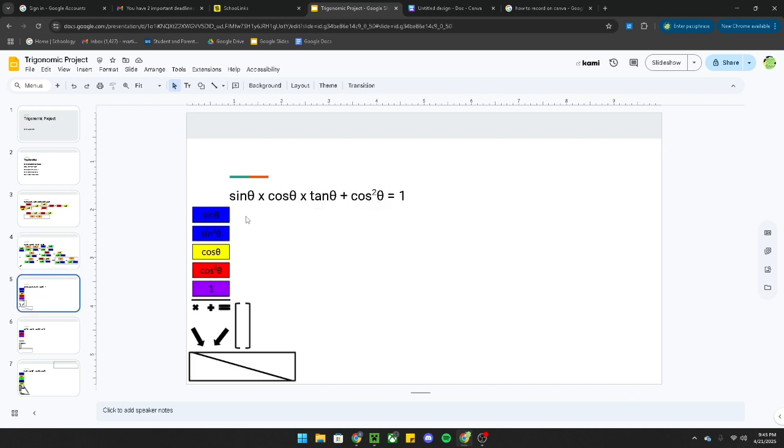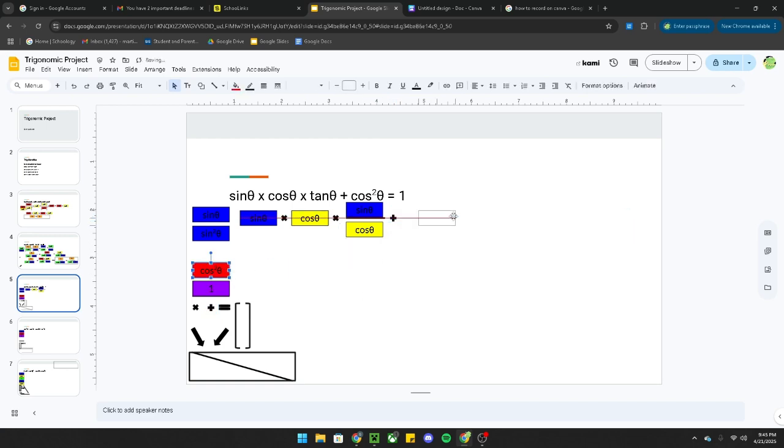For number 3, we have this equation right here. So of course you would do sine times cosine times sine over cosine. Plus cosine squared equals 1.